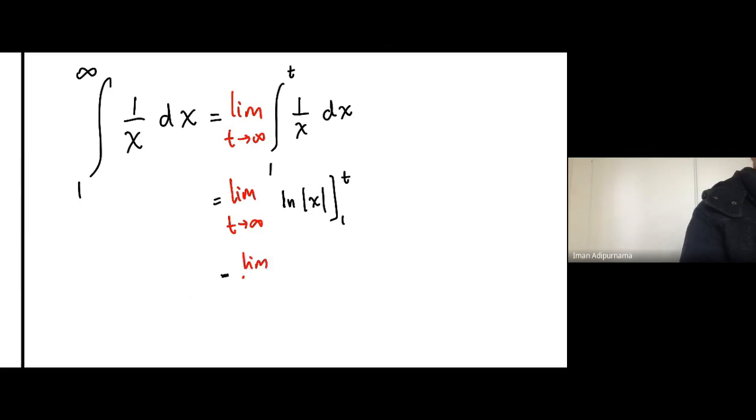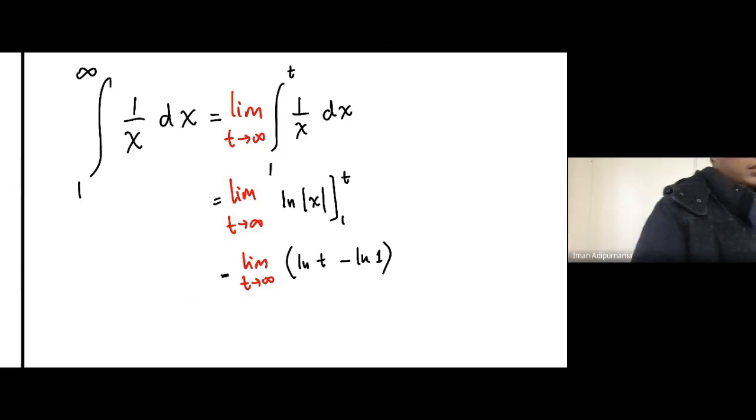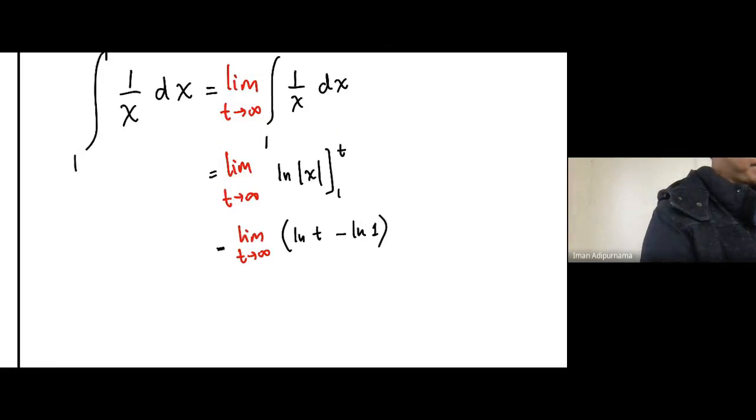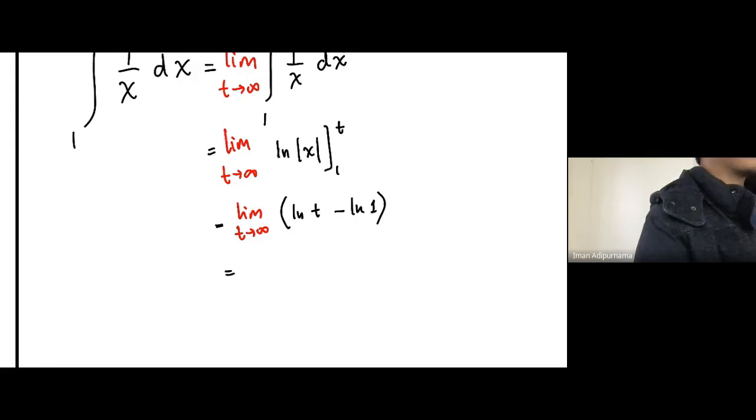Still we have the limit, and let's write ln(t) minus ln 1. So what will happen now? It will diverge, right? Or we can say the function is divergent.